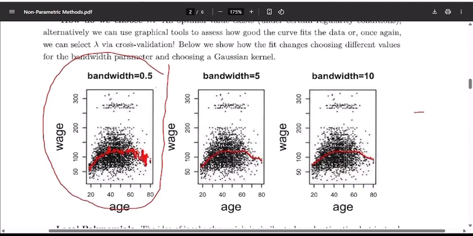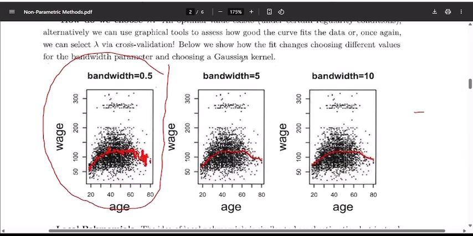When you have low bias and high variance, there will be overfitting. It means the model captured the noise. It performed very excellently on the training data, but poorly on the test data. Is there any question on the bandwidth equal to 0.5?